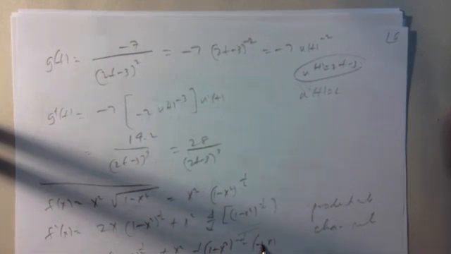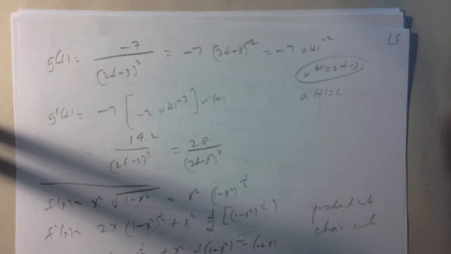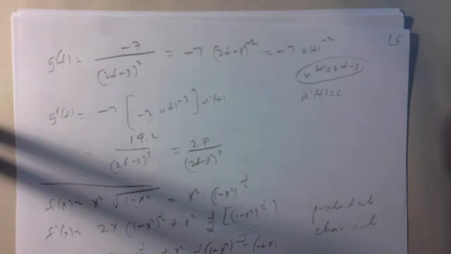The 2's cancel. I have a minus sign, and I have x squared times x, so minus x cubed, (1 minus x squared) to the minus 1/2, over the square root of 1 minus x squared. If I put this over a common denominator of the square root of 1 minus x squared, I have to multiply this top and bottom by the square root of 1 minus x squared. I get 2x times (1 minus x squared) minus x cubed.